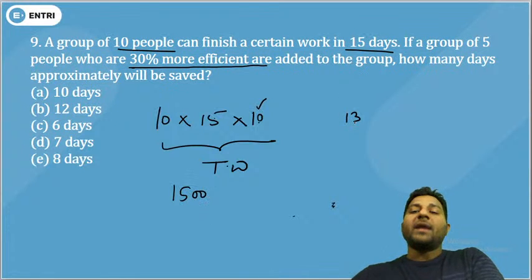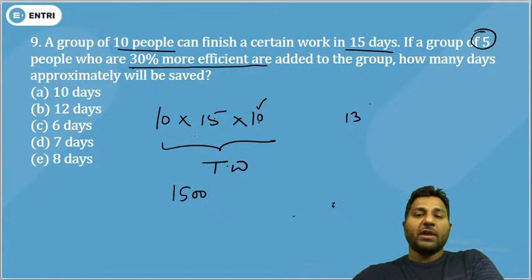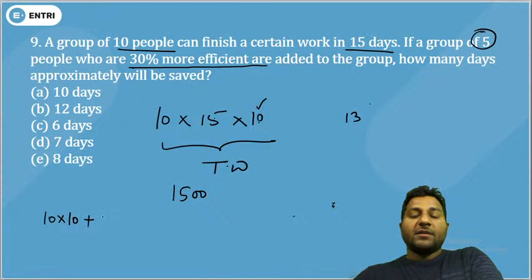Okay, when 5 different persons have been added to the group, that means 10 people are of 10 efficiency and the 5 people are of 13 efficiency. So how many days will they take?